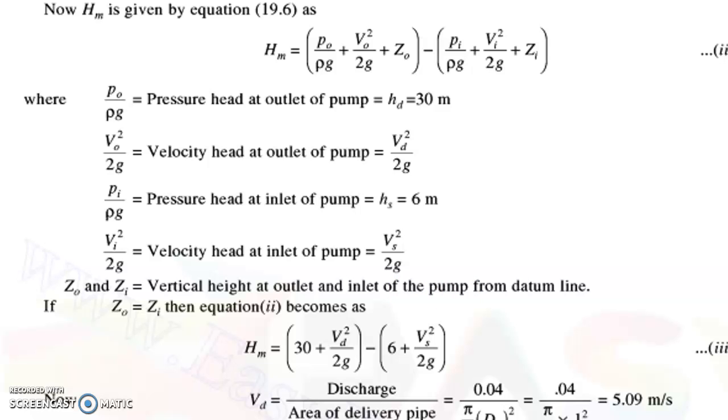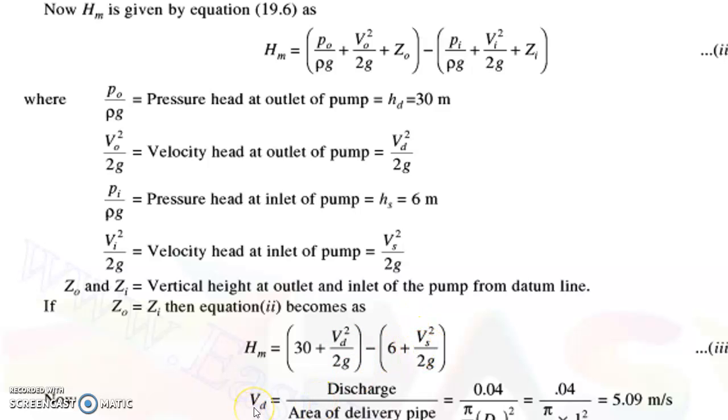Just substituting the values which are already given in the problem in this expression, we get HM is equal to 30 plus Vd square by 2G minus 6 plus Vs square by 2G. Now we need to find out the velocity at the time of delivery, and here at the time of suction.